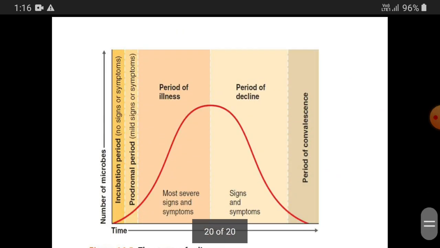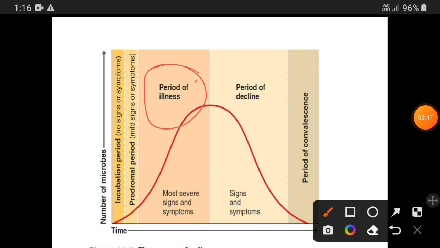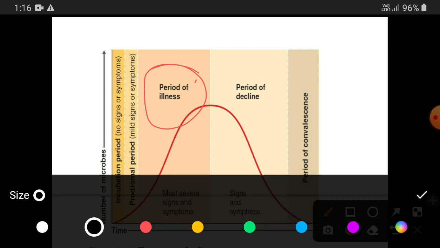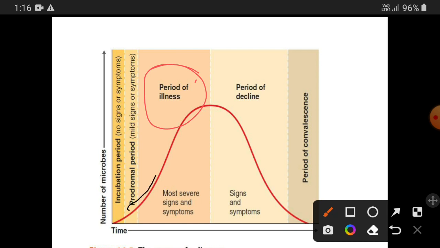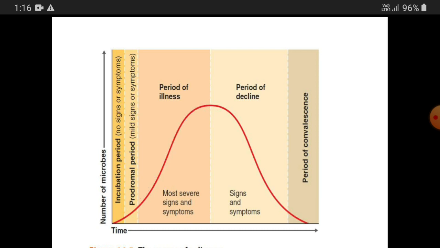Now the third period, the most important one, is the period of illness. In that period the microorganism starts growing rapidly in an exponential manner. As you can see, the graph is now rising exponentially, and during this time the symptoms become well developed, such as pain, headache, gastrointestinal disturbance, and digestive disturbance, along with various symptoms associated with that particular microorganism.